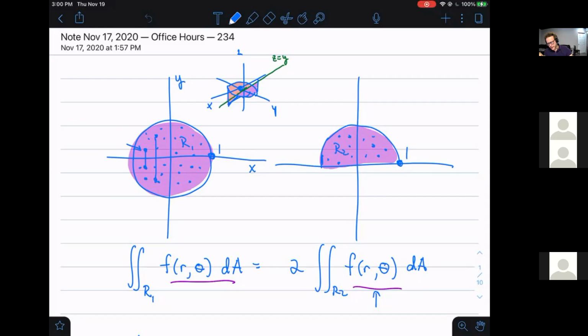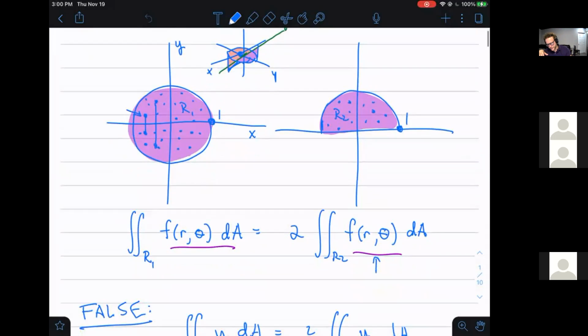If you plug in something very specific, like a constant, that ends up just being area, and for area this ends up being true. So if you plugged in 1 or something like that. However, for the majority of non-constant functions, this would not be true. And you can just play around.